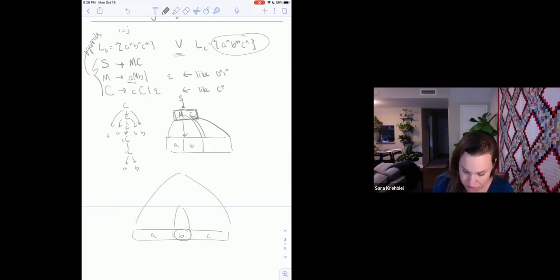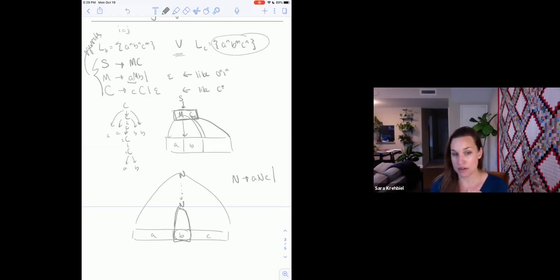I could have some N variable that says N will keep track of the midpoint between the A's and C's. And then normally I would eventually have that N go away to epsilon. But now I'm sort of seeing that if N is the midpoint between A's and C's, that's where we want to insert all of the B's.